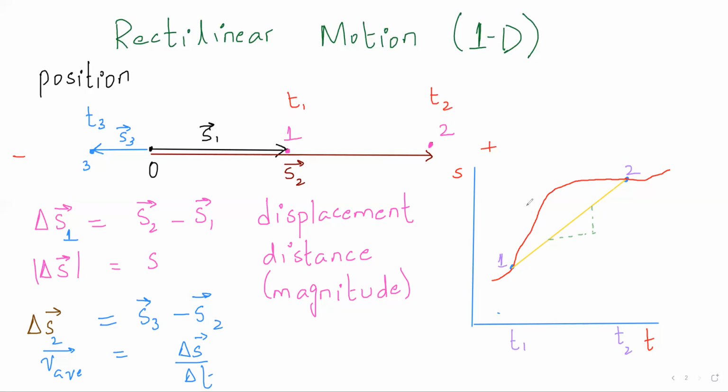This is your, no, it's not complete. This is your S1. This is your S2. So we can't care less what is happening between the points. As long as we know the position and time of these, we can talk about average velocity.